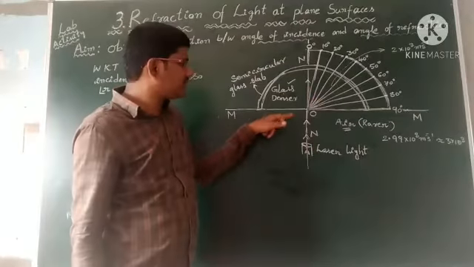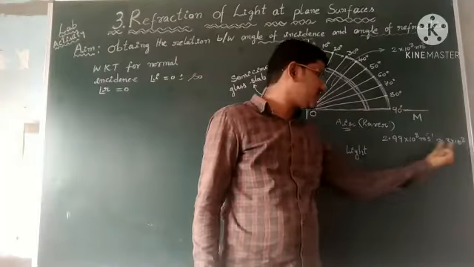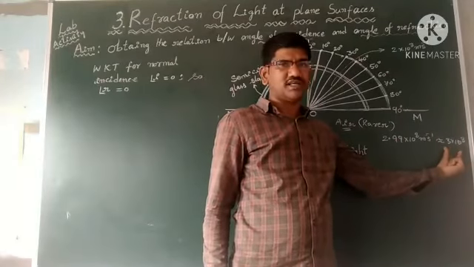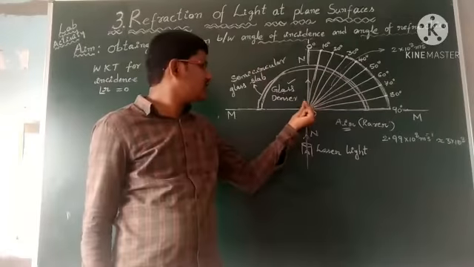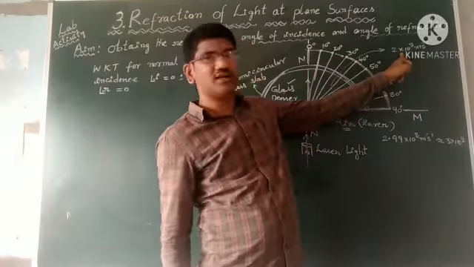But when going from here to here, the speed decreases. Because in the air, the speed is approximately 3 into 10 power 8 meter per second. When it enters the glass, the speed of light will become 2 into 10 power 8 meter per second.